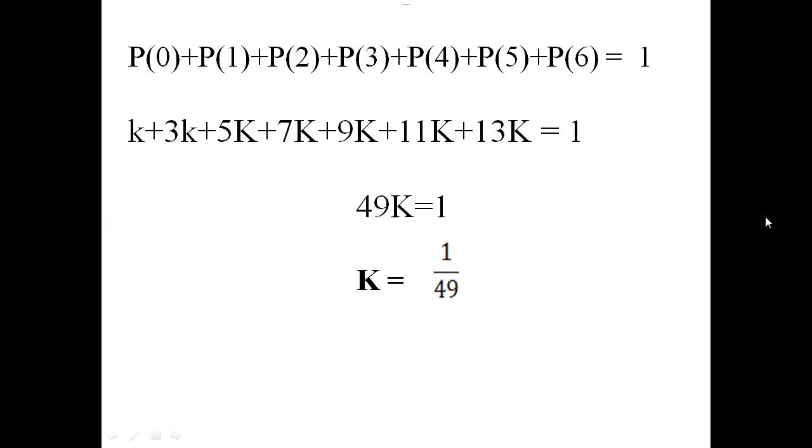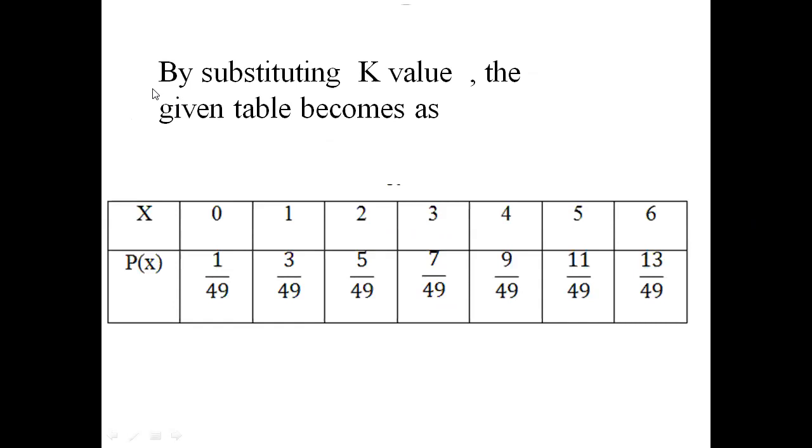Now, the next required value is distribution function. Before going to do the distribution function, here k value is substituted in the given table. So here, by substituting k value, the given table becomes 0, 1, 2, 3.